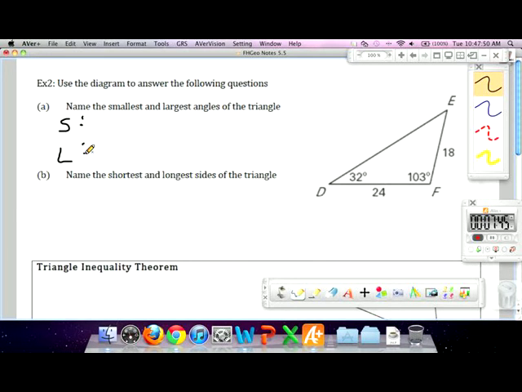Because we know that angle F is clearly the largest. Yep. And then E, we don't know the angle measurement. We know it's less than 100.